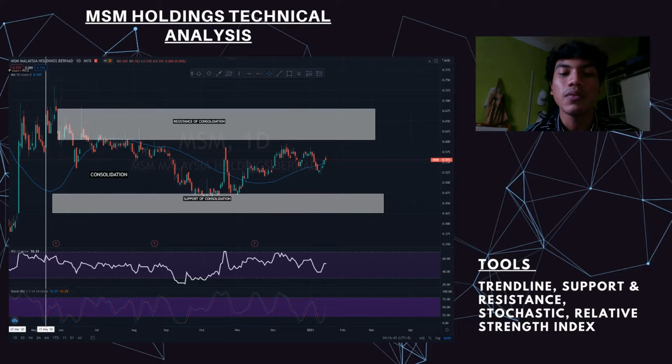But the moving average and the stochastic relate to each other, showing a buying signal. If you want to take the position, you can, but we do not recommend it, because in the consolidation period, it is unpredictable. Unless it breaks the resistance of the consolidation.